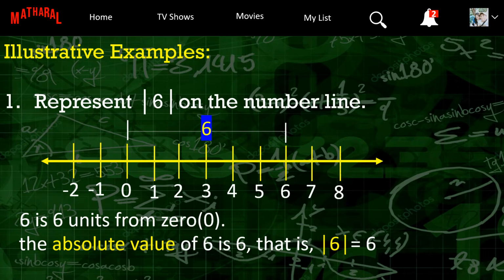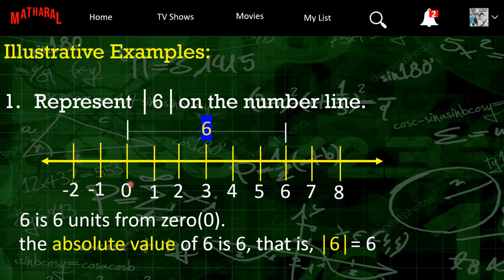For our illustrative example, since we are able to define the absolute value as the distance itself, let us represent the absolute value of 6, as we read it, the absolute value of 6 on the number line. So, given the number line here with labeled integers, since we are working on the positive integers, we limit the negative integers here.